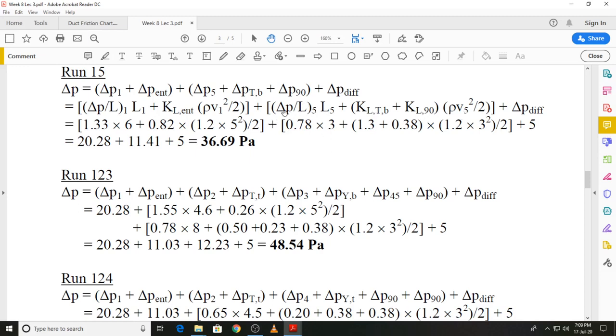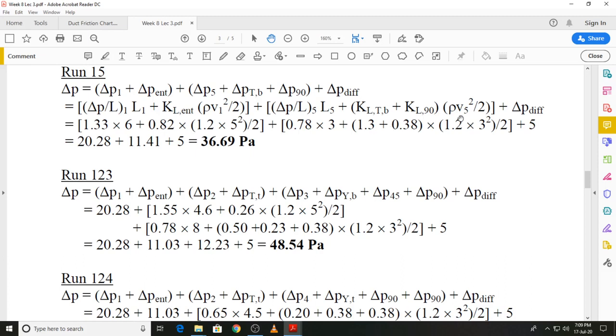And again we have the frictional pressure drop per unit length for segment 5, which was 1.55 multiplied by the length of segment 5, which was 3 meters, and then the dynamic loss can be calculated for both the fittings by adding up the loss coefficients of the fitting, because the half rho v square term is common to both.